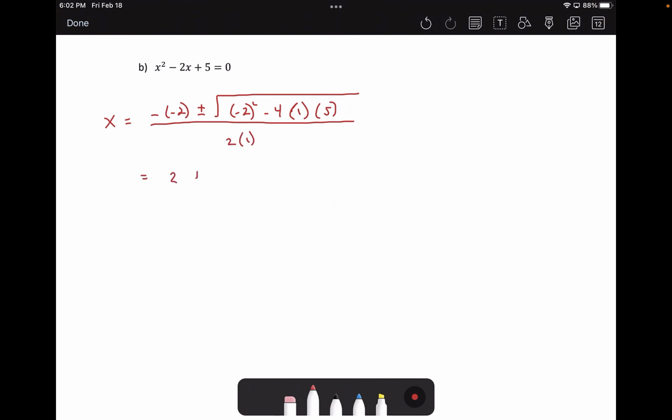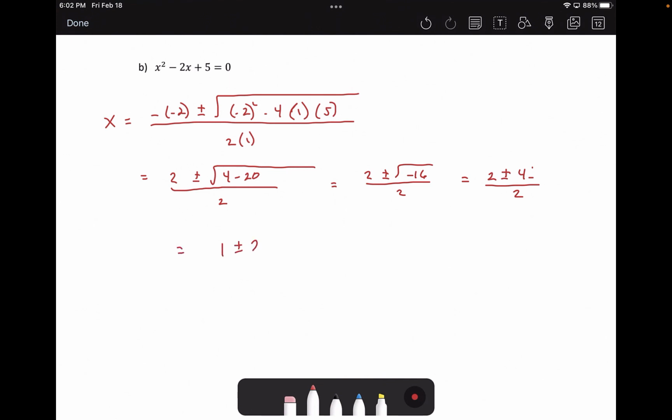That's 2 plus or minus the square root of 4 minus 20 all over 2. That's 2 plus or minus the square root of negative 16 over 2. 2 plus or minus 4i over 2. Or if we simplify more, that is 1 plus or minus 2i.